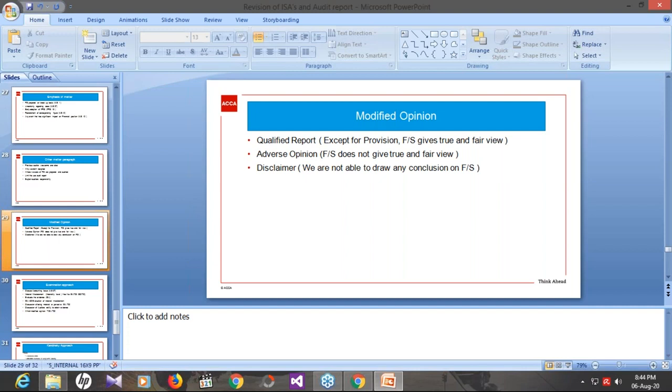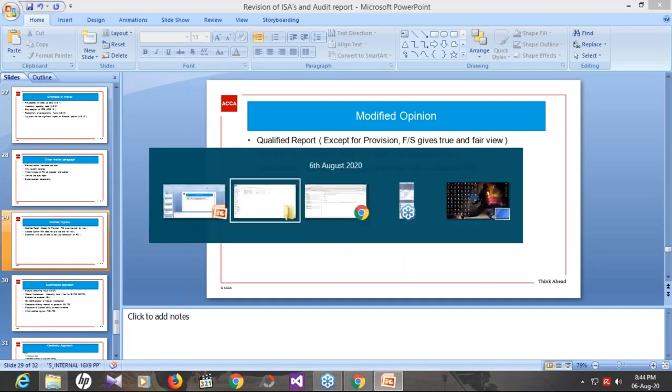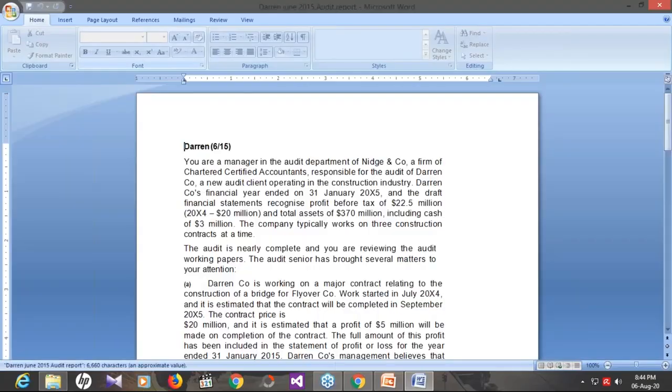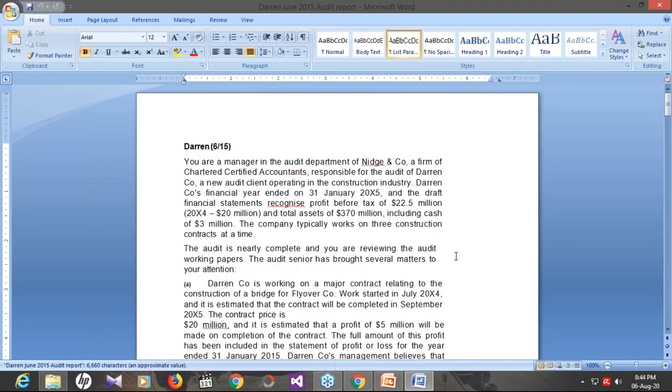This is important. Now we need to consider two important questions. Normally, the examiner assesses your audit report understanding in two ways. There are two types of questions that the examiner can ask. First of all, for example, we go towards the Darren question. This is one of the styles of the examiner.